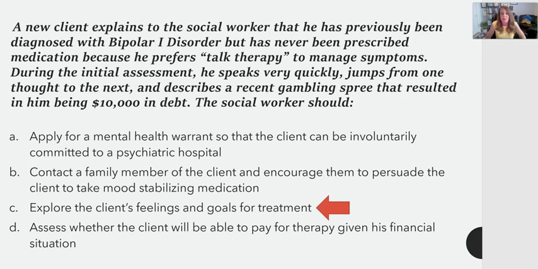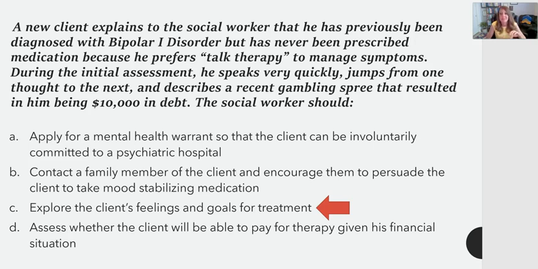And we would not contact a family member to try and convince them to take medication for several reasons. One, we are not prescribing medications, and we are not giving official advice on medications. We are also not violating HIPAA or confidentiality by reaching out to somebody else, usually, unless it's explicitly said that there's consent for that.